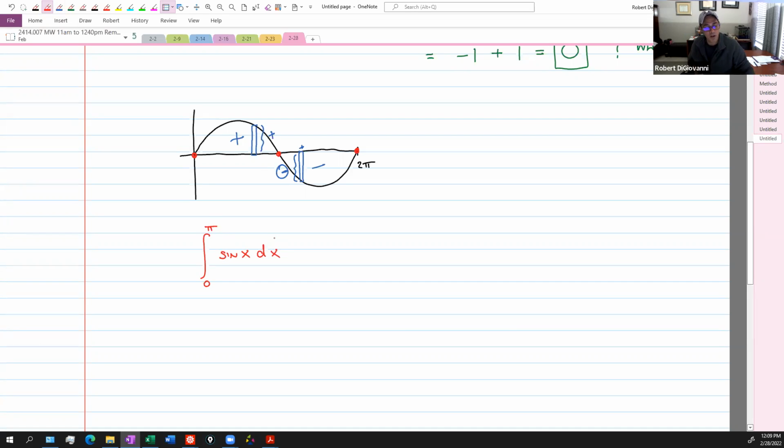And then we realize that if we go from pi to 2 pi of sine x dx, this is going to be negative, and we don't want to count it as negative. So instead of adding this area, we will subtract that area. We know this one will spit out a positive number and that one will spit out a negative number, but by subtracting the negative, it winds up adding it.